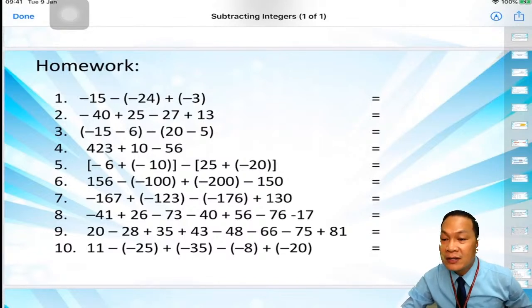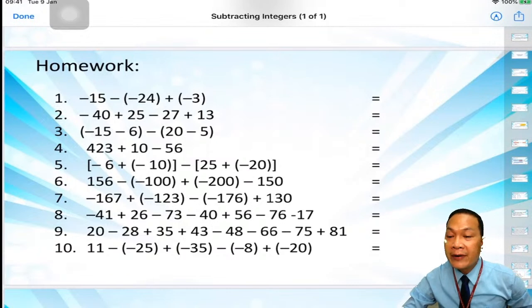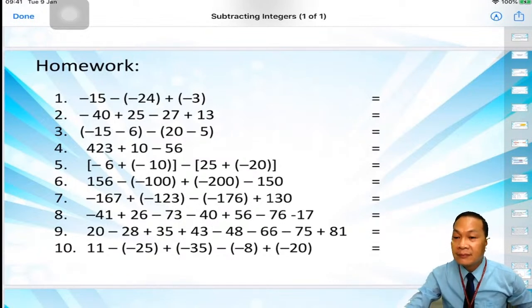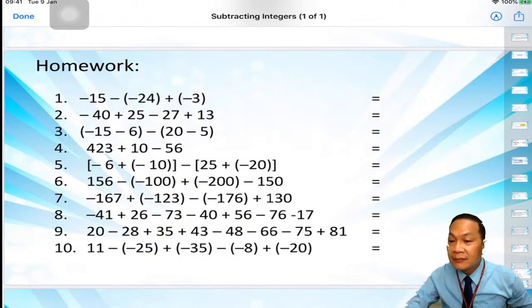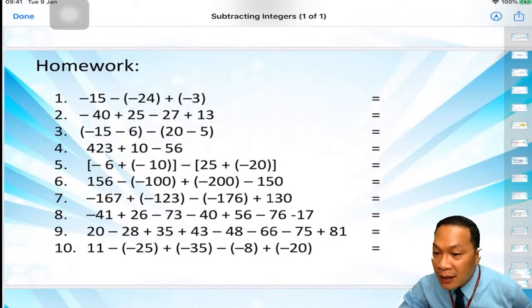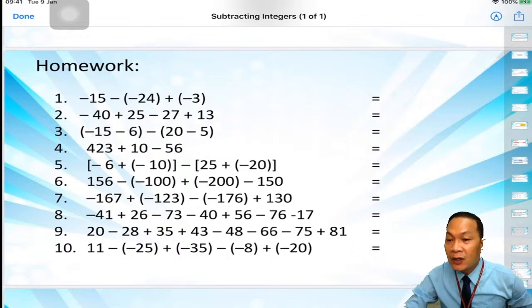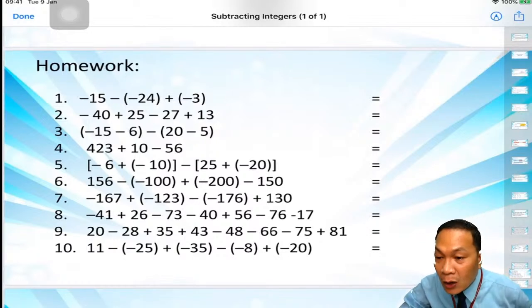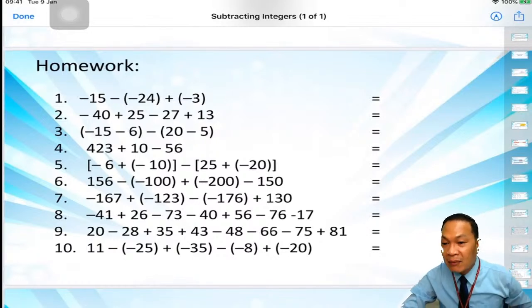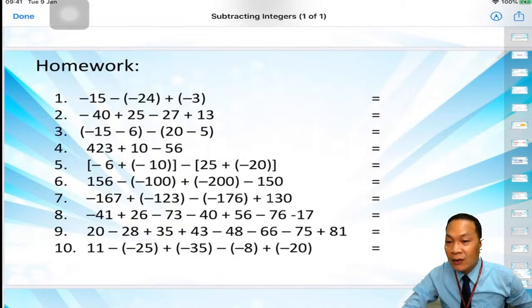Where are the others? Why only 12? Okay. Your name is still Thai.